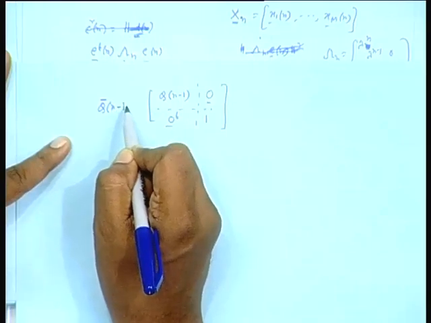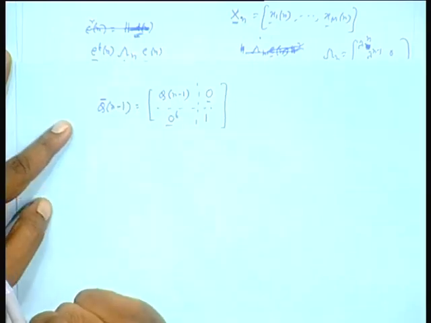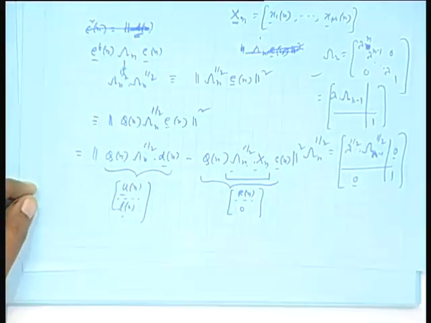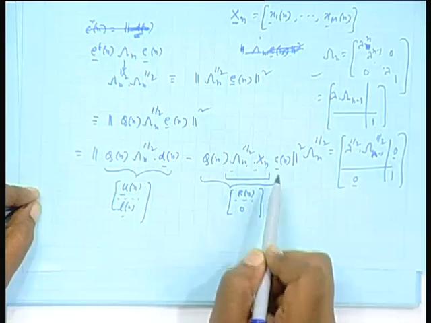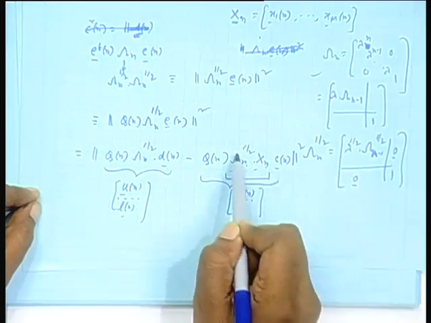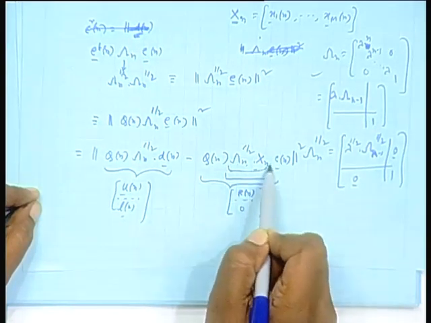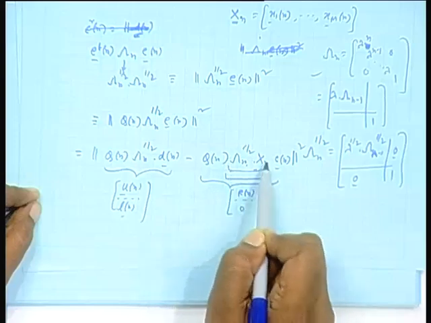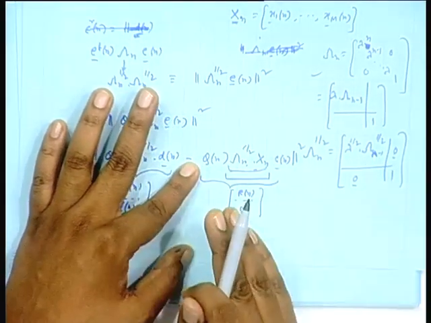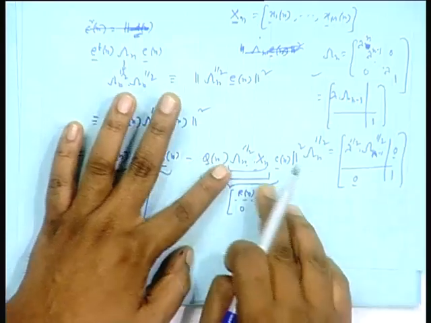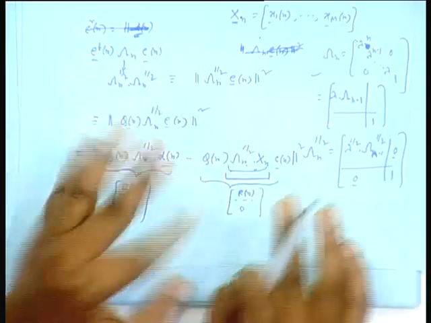Now take that matrix and apply it on this part, instead of q n, because I have to arrive at the appropriate q n. I am coming step by step. First take that matrix and apply it on this guy. What results? Let us find out.